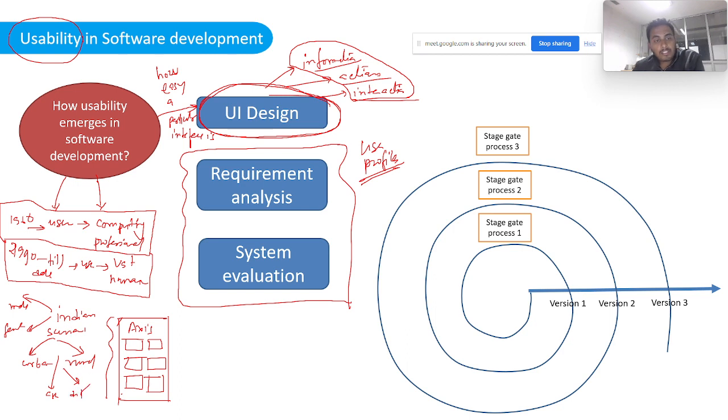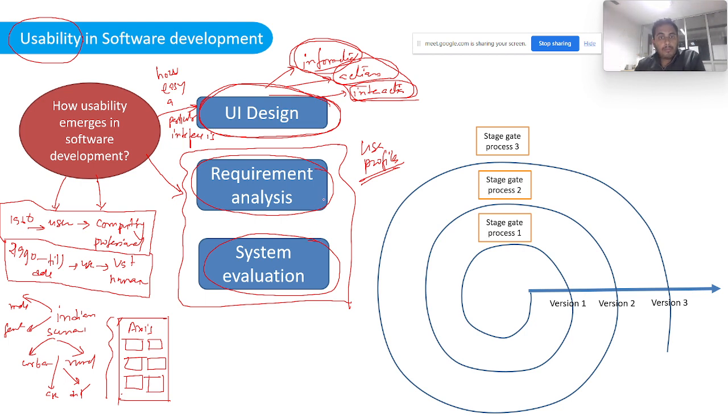A lot of factors come into the picture when we start designing the information, defining the actions, and defining the interactions. That's the reason why in today's era, usability concerns the initial requirement analysis as well as system evaluation.